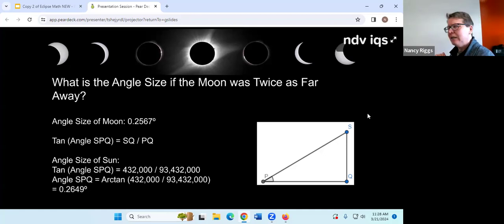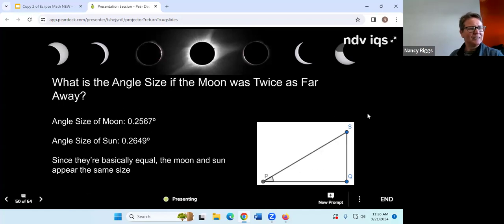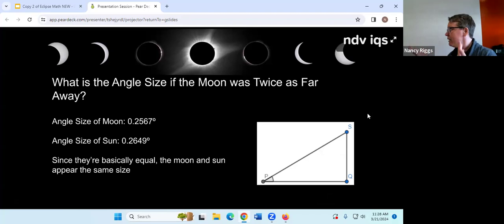It's not quite the same, but once again, it's pretty darn close. And we've already touched on that, depending on what measurements I use, my numbers might be a little bit off, but it's still pretty darn close. So again, that is more or less why those two appear to be the same size: because that angular size is basically equal.